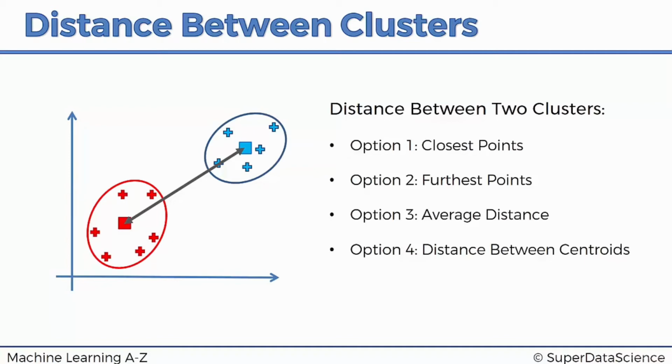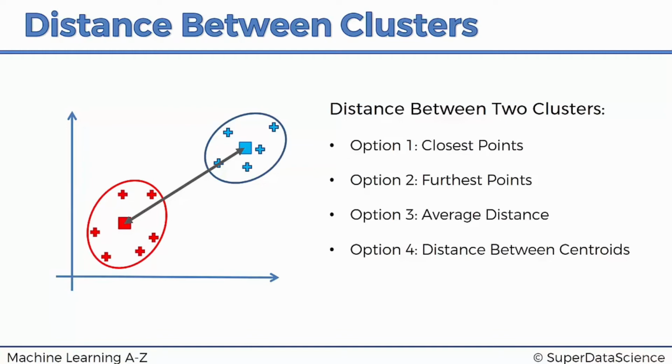So it's a very important part of hierarchical clustering, what you define as the distance between two clusters, because that can significantly impact the output of your algorithm. Now, we're not going to delve much deeper into this.